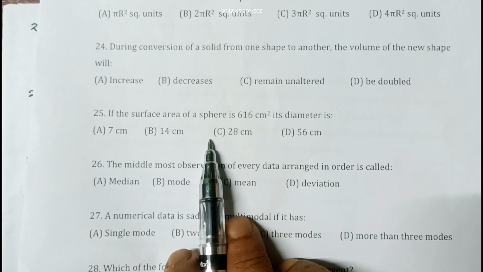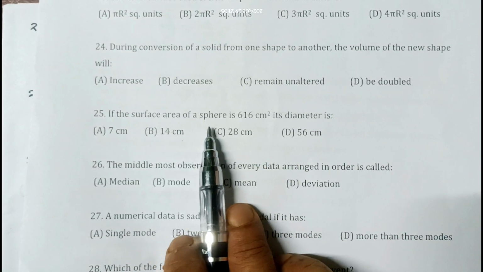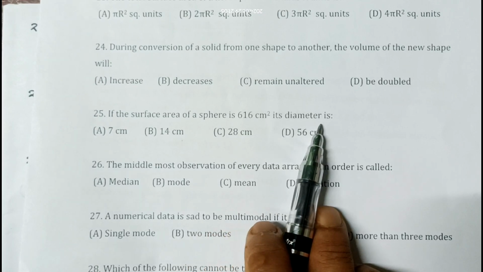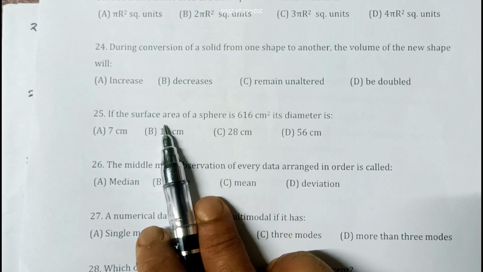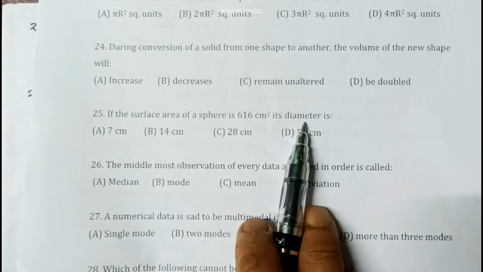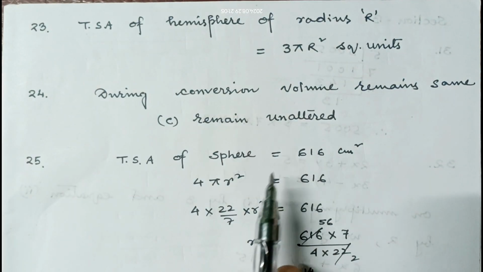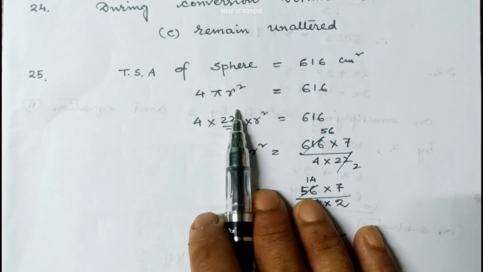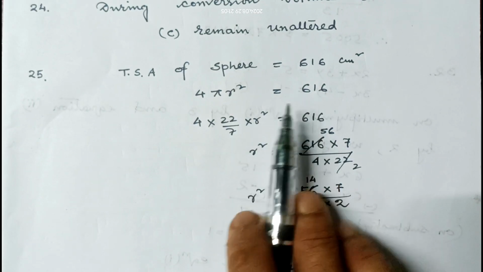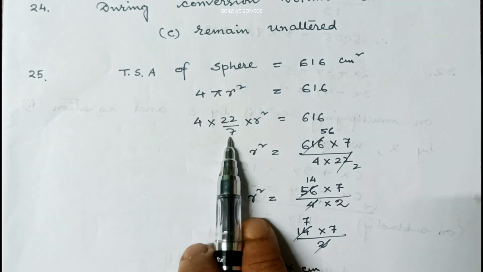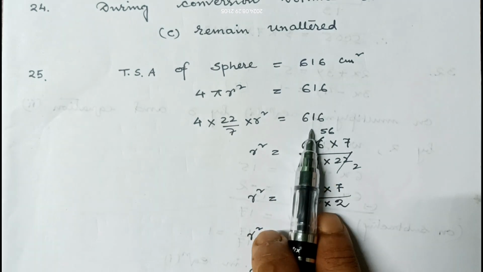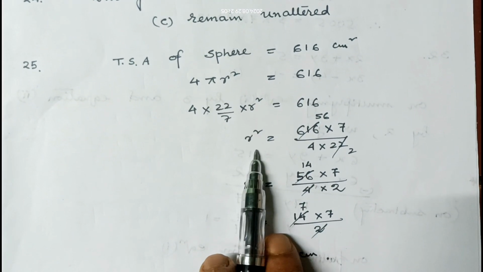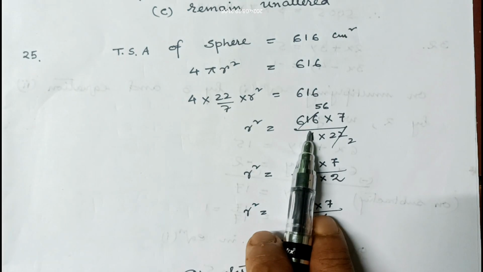Question number 25. If the surface area of a sphere is 616 centimeter square, its diameter is, here we have to calculate because surface area is given and we have to calculate its diameter. We know the total surface area of a sphere is 4 pi r square and 4 pi r square is 616. 4 pi is 22 by 7 into r square is 616. If we transfer this to the other side, so it will be r square equal to 616.